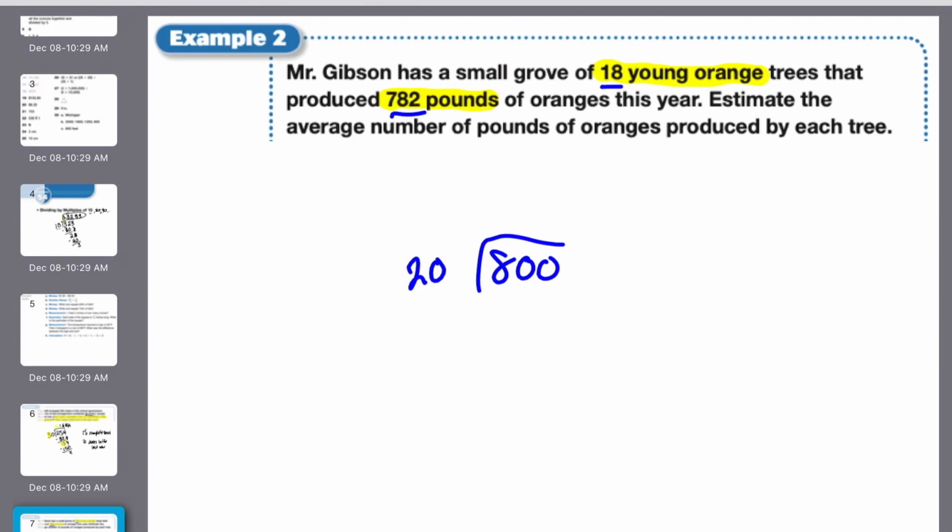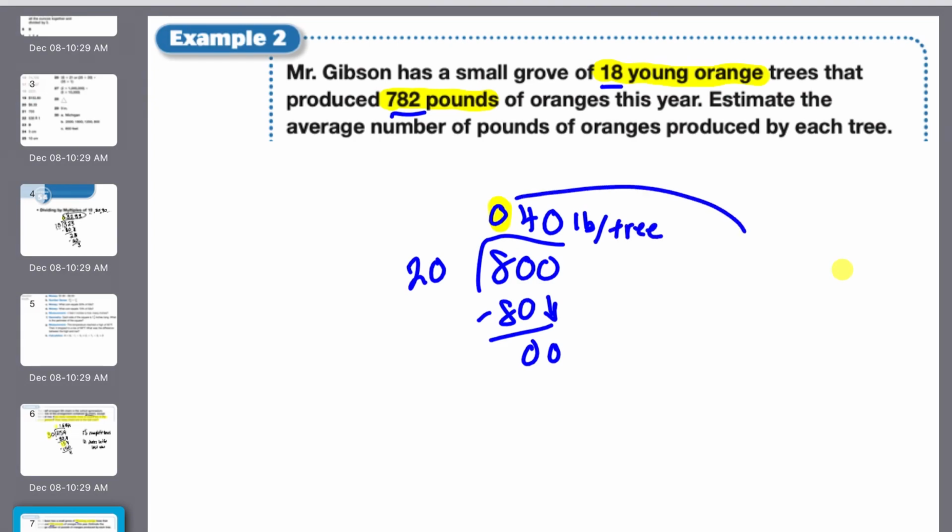So you can't do 8 divided by 20, so you can add a 0 placeholder, or you can just move on to the next row. 80 divided by 20, that's the same as 8 divided by 2, 4 minus 80 goes into that 0 times. So I would have about 40 pounds per tree, as an estimate.